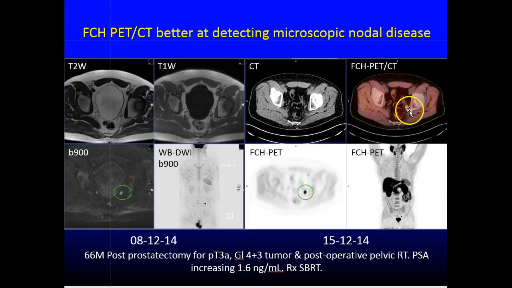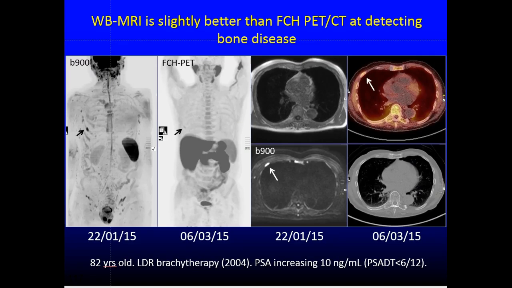So here is a lymph node in the left internal iliac region that was pathologic. Here it is on the MRI scan, but one of my colleagues didn't call it, so we are going to call that a false negative for the MRI, but a true positive for the choline.